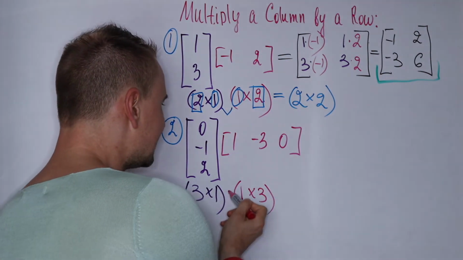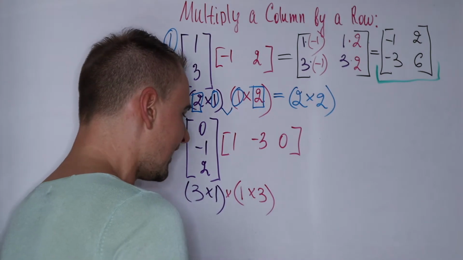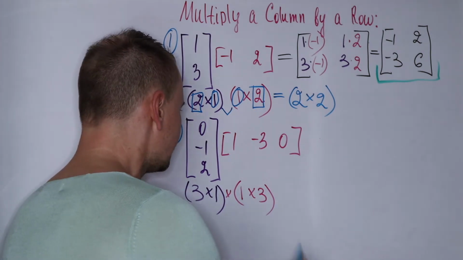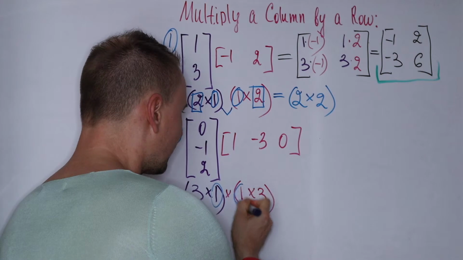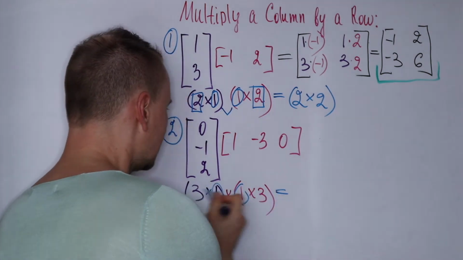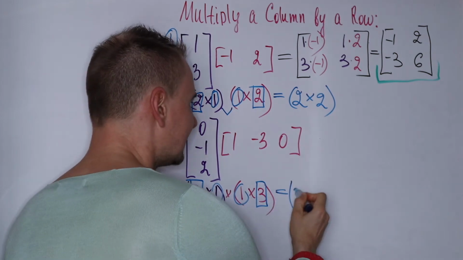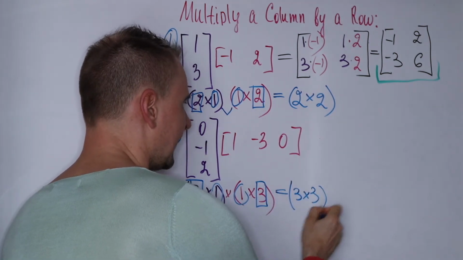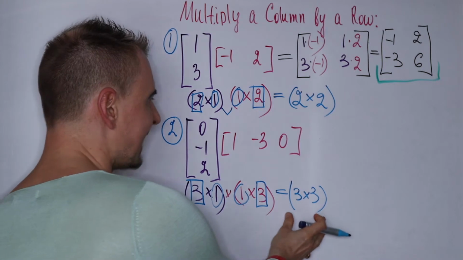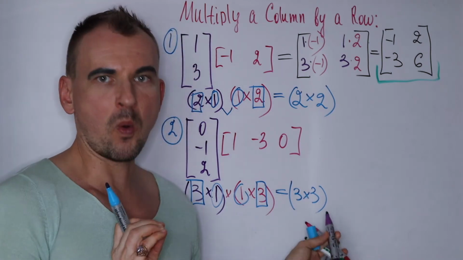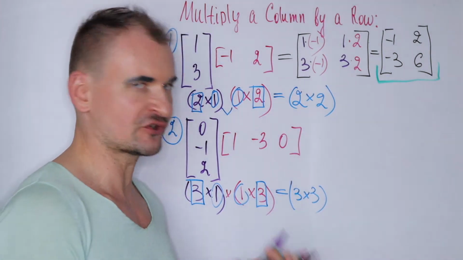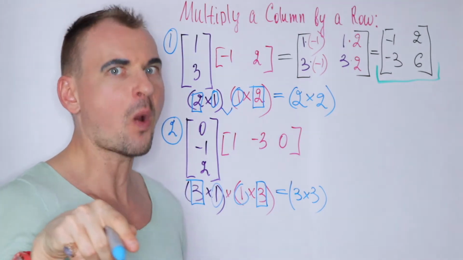Since these inner numbers coincide, it's 1, so we can define the size of the resulting matrix, which is 3 by 3. So your resulting matrix has the order 3 by 3, 3 rows and 3 columns.